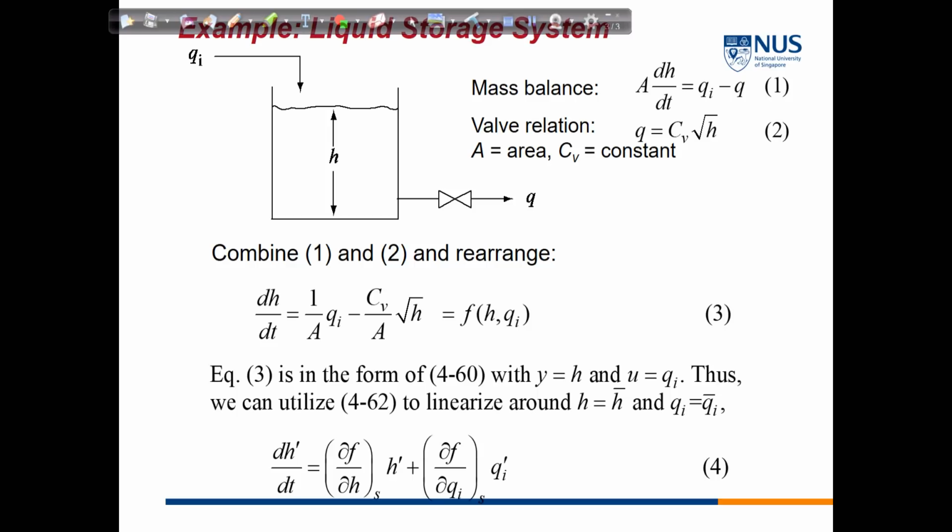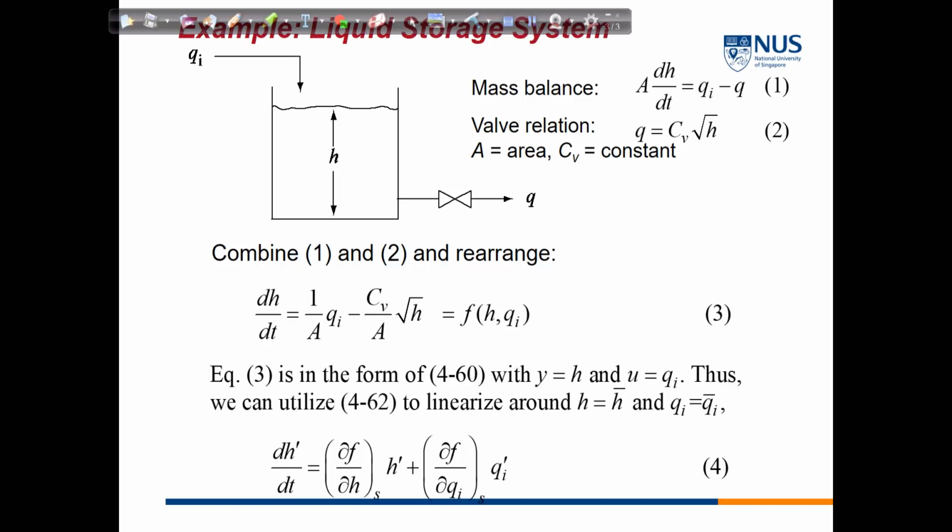Let's have a better understanding of this based on the next example of the liquid storage system. If we just consider the mass balance of the system, we have the dynamics of the head, H, changing with time, multiplied by the area A here. So the dynamics of the change of the volume will equal the flow rate Q in minus Q out.